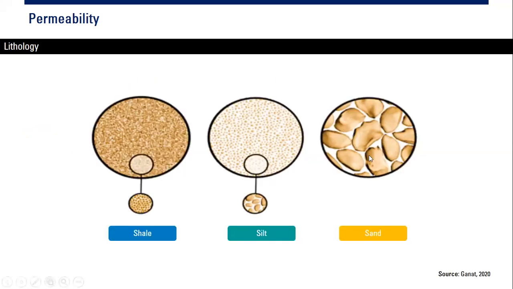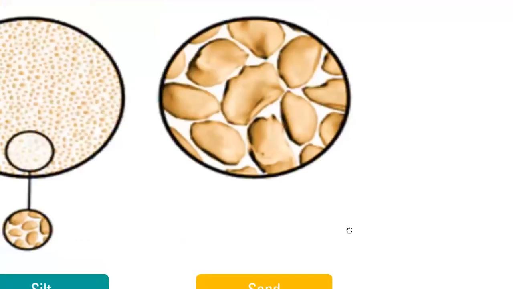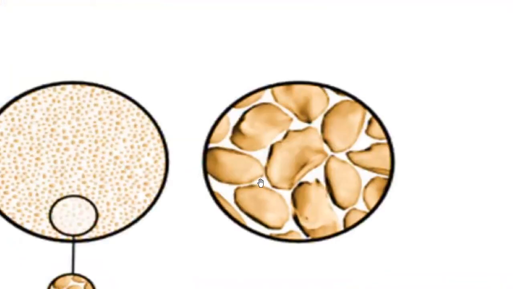So as you can see in sand, if we zoom in, the white area, the white zone, is the space through which fluid can flow. We can call this white zone roughly the permeability or the connected porosity.